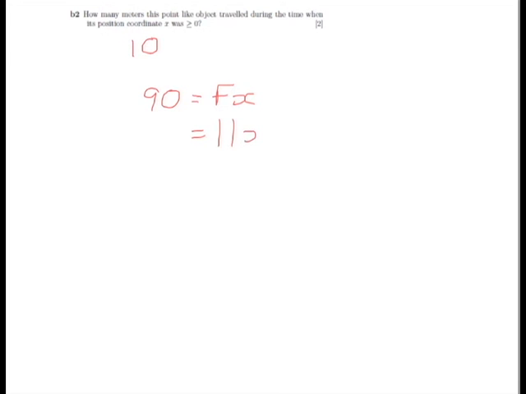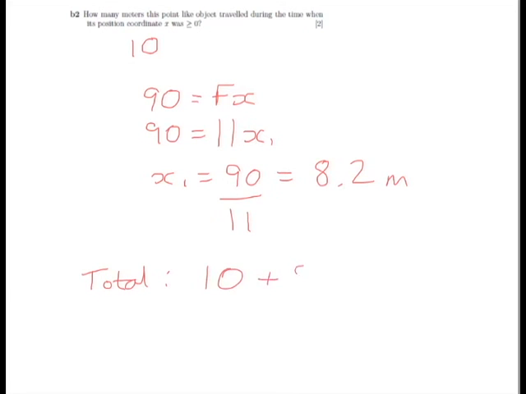So our x1 here becomes 90 divided by 11, which gives us somewhere around 8.2 meters. So therefore the total distance equals 10 plus 8.2 equals 18 meters.